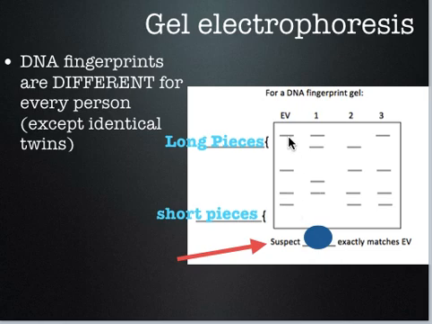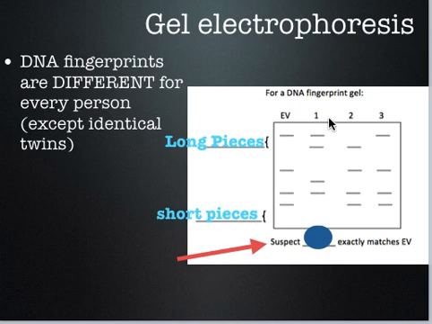And so what you get is each lane going down would be a DNA fingerprint. The evidence would be DNA found of the person who committed the crime. 1, 2, and 3 are your suspects. Every single DNA band in the evidence lane must be in the exact location and the same thickness to be a match.